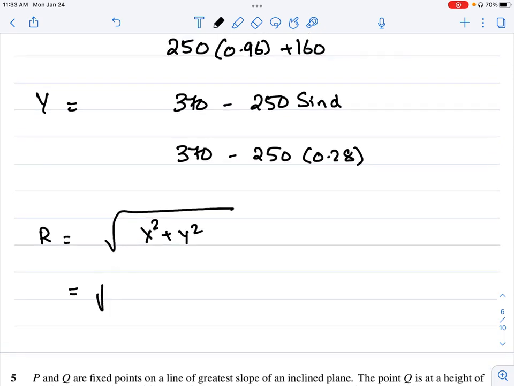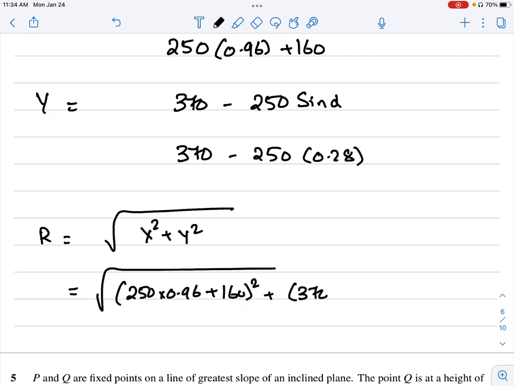So that will be the square root of 250 times 0.96 plus 160, whole squared, plus 370 minus 250 times 0.28, whole squared. Simplify by the calculator, we should be getting somewhere around 500 newtons.